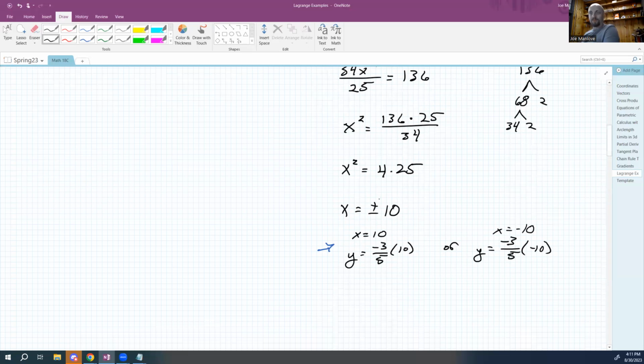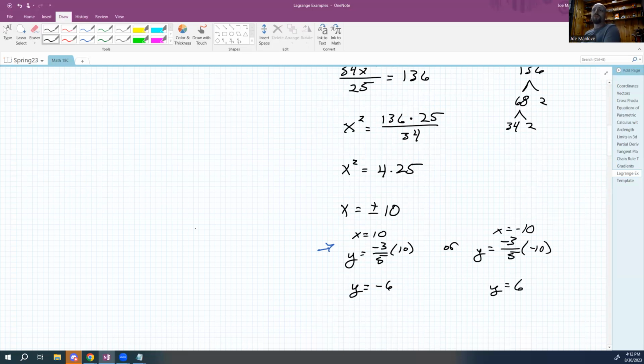It's not quantum superimposed or whatever. It's really just one or the other. So in the case that x is 10, y is negative 6. And in the case that x is negative 10, y is positive 6.